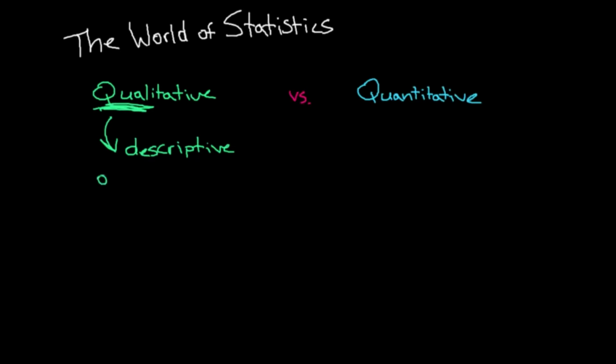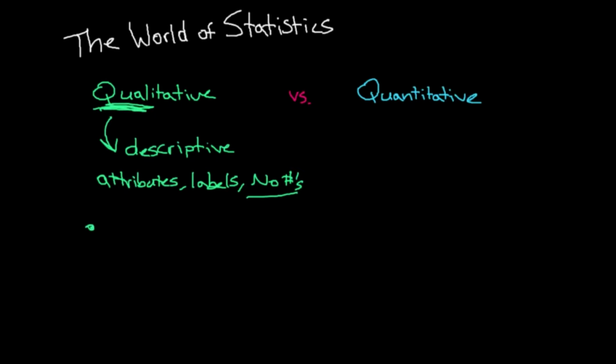It's usually attributes, labels, usually no numbers. And that's kind of the big one. So they're qualities, right? Qualitative data, qualities, descriptive. So that's kind of the main definition here.